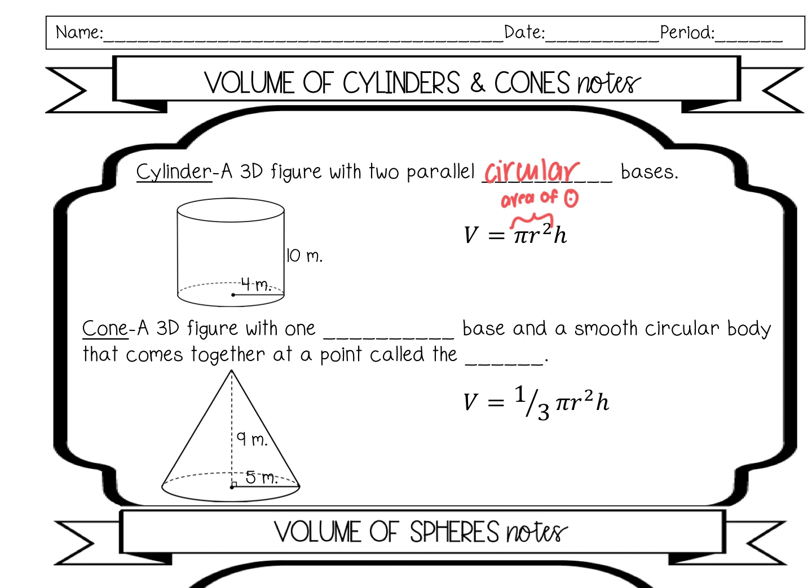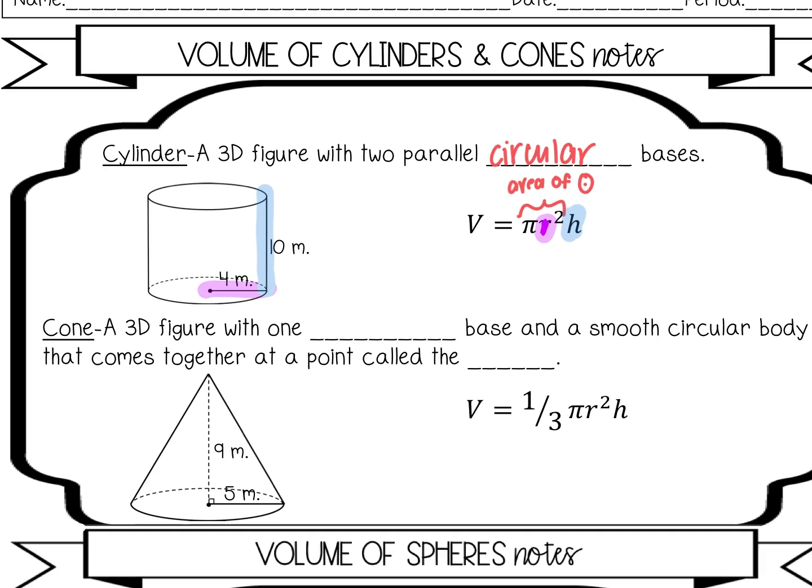Okay, good. My radius is 4. So I'm going to highlight it. Highlight my radius. And then my height is 10 meters. All right, plugging it in.